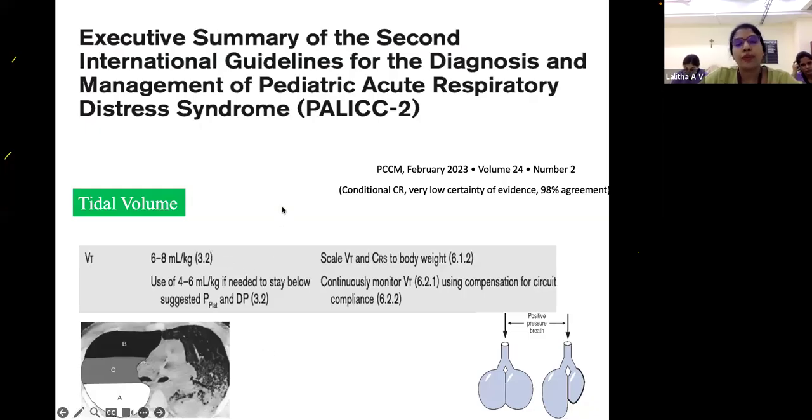Suppose a patient is around 2 years and weighing around 10 kilos, you may have to give as low as 60 ml of tidal volume based on the patient's body weight. And always use the plateau pressure and driving pressure to monitor the tidal volume. You can go as low as 4 ml per kilo to keep the plateau pressure less than 28. So this is the recommendation by the PALICC guidelines.